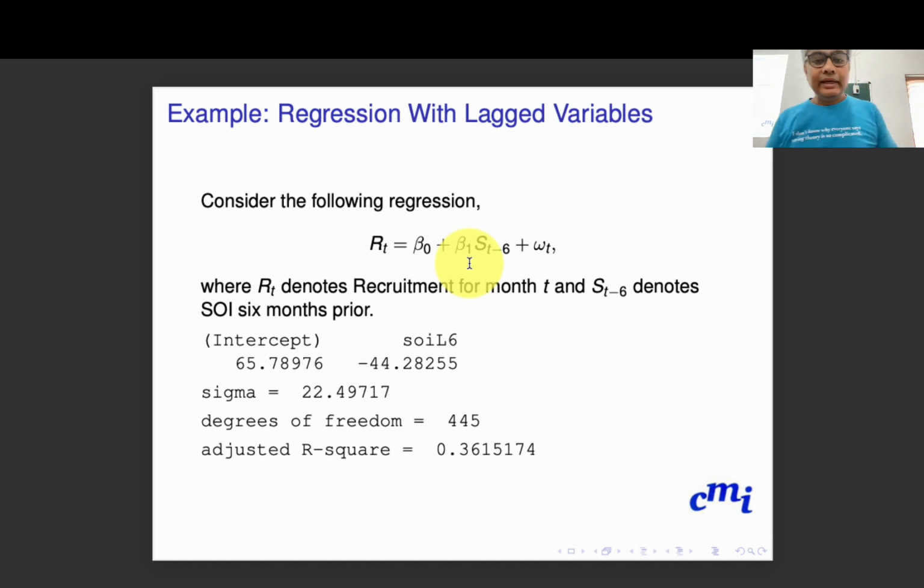And even that model gives you 36% explainability; the variability of the recruitment variable can be explained by just the 6 month lag Southern Oscillation Index.